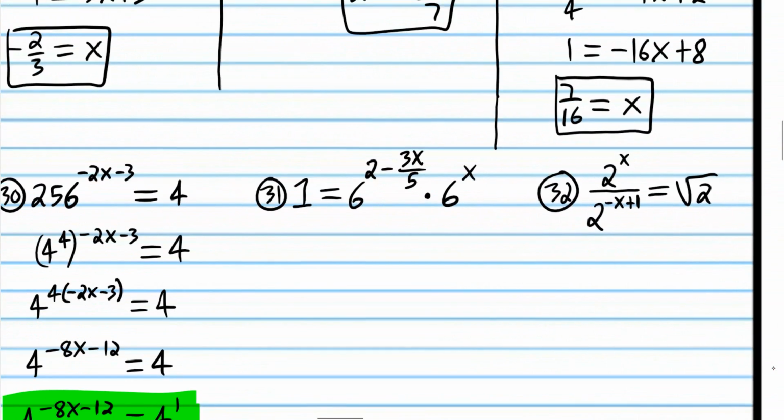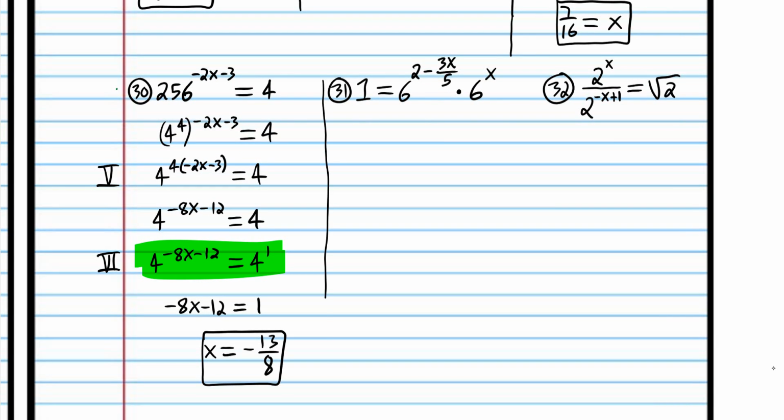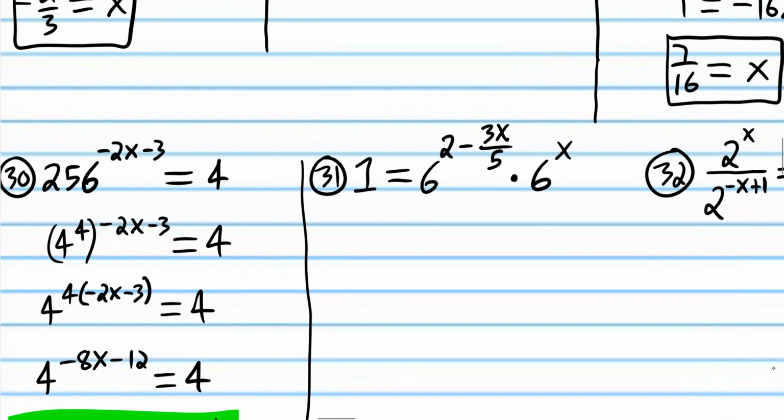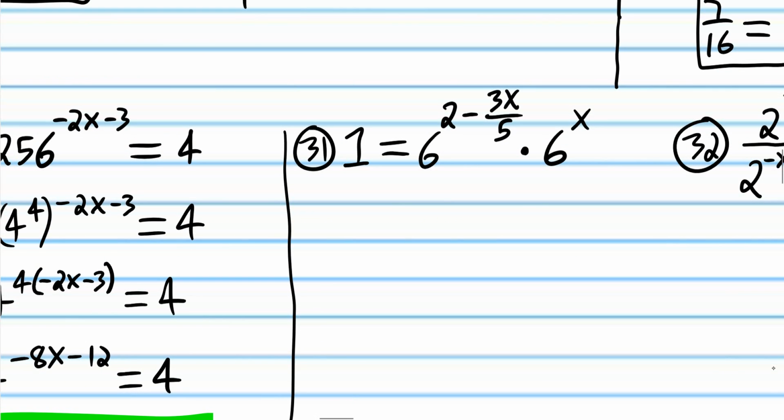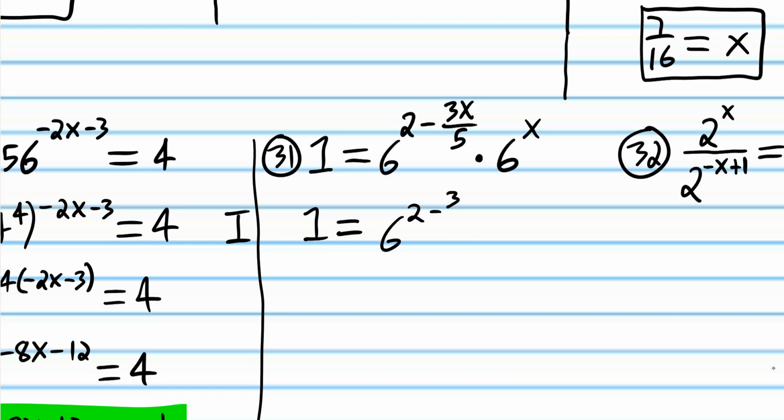All right, we're back. So I'm going to use rule number 1. Sorry, the screen is going back and forth there. Because we're multiplying powers with the same base, we just add the exponents. So we have 2 minus 3x over 5 plus x.